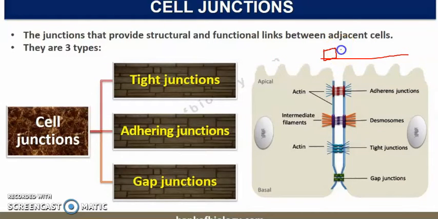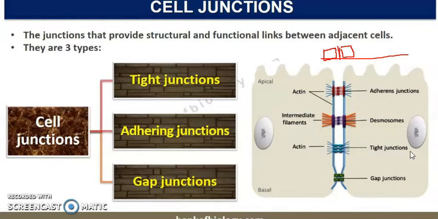So this is one epithelial cell and this is another epithelial cell, and as we told, they will have only very little intercellular matrix, and there are places where we find certain specialized junctions between these individual cells.